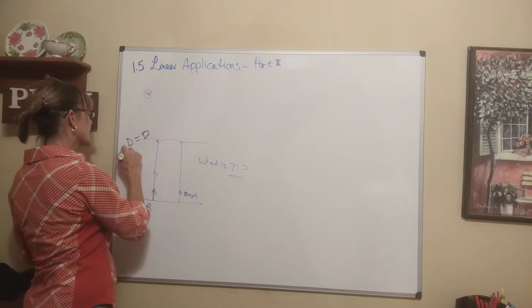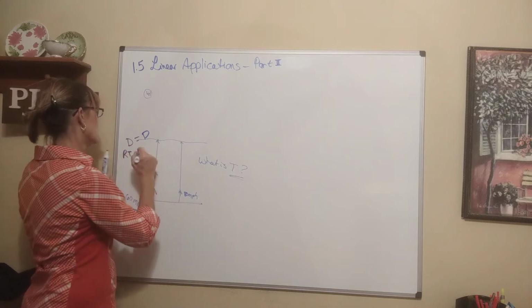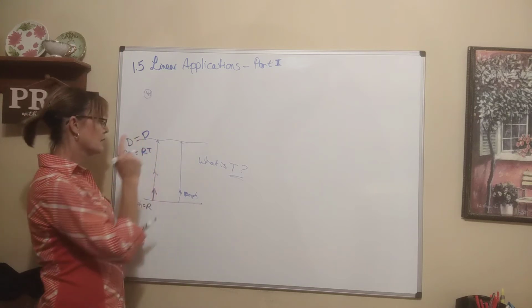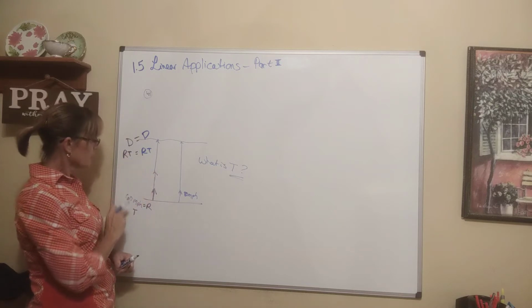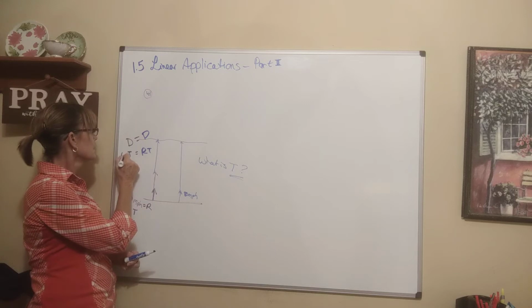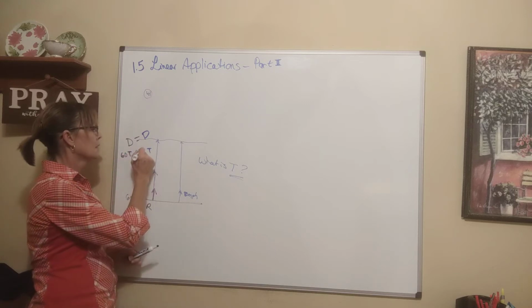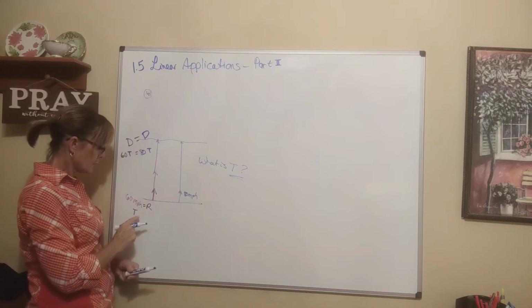It's true. So we can say rate times time of the purple is equal to the rate times time of the blue. What is the purple rate? 60. What is the blue rate? 80.